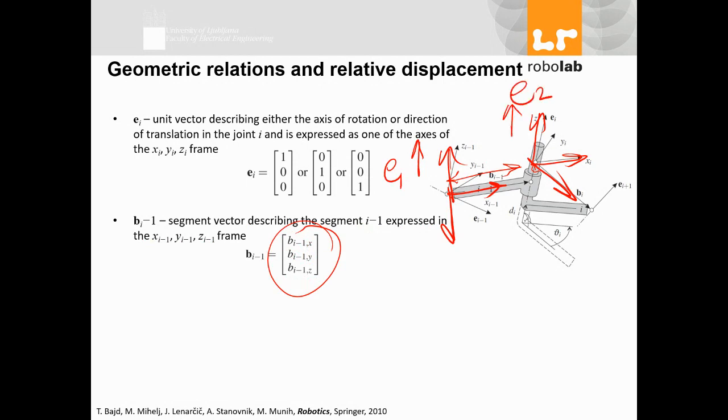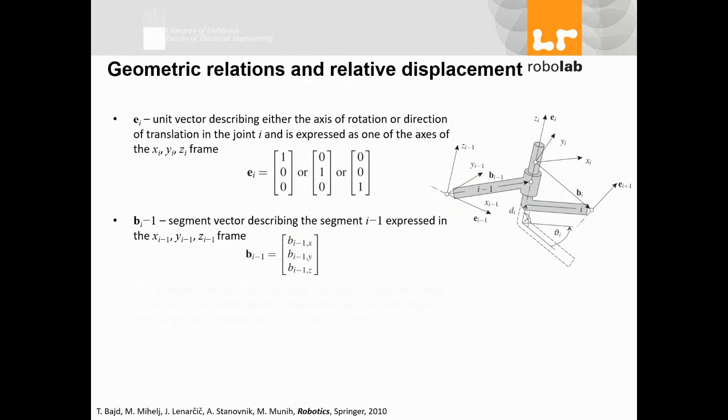E1, E2 can be anything, depending on how you choose. But from here to here, you see your B is in the direction of X, Y, Z, in the direction of Y with this much, with this length from this point to this point. All right. B.